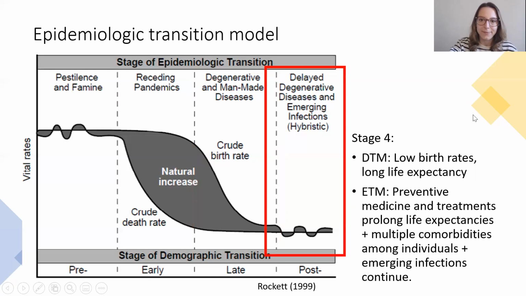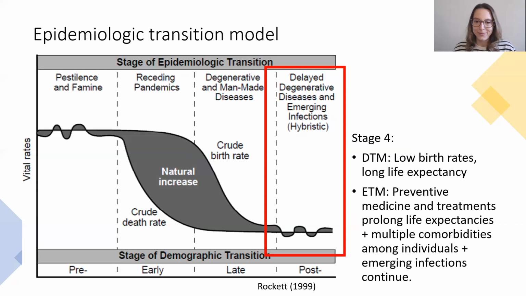Now, in the fourth stage, which is called delayed degenerative diseases and emerging infections, remember that the demographic transition model told us that there would be low birth rates, and because of the decline in mortality, you start to see much longer life expectancies compared to the other stages.